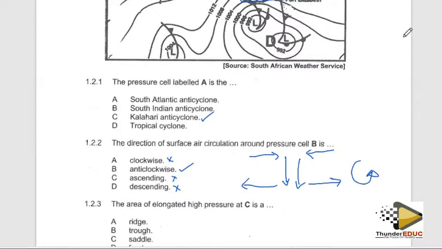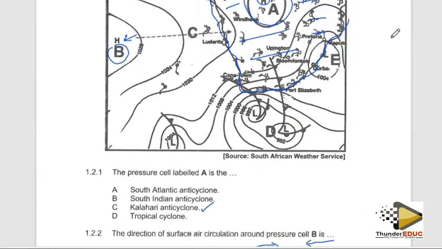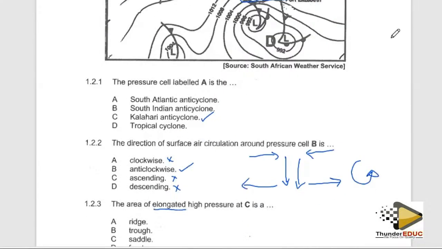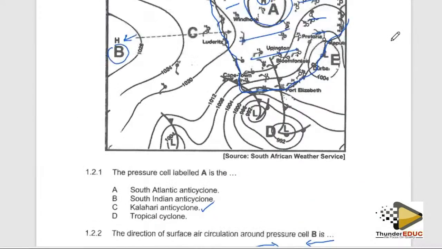Question 1.2.3, it says the area of elongated high pressure at sea. Remember, to elongate is the same as isobars extending, right? Let's check the high pressure cell at sea.